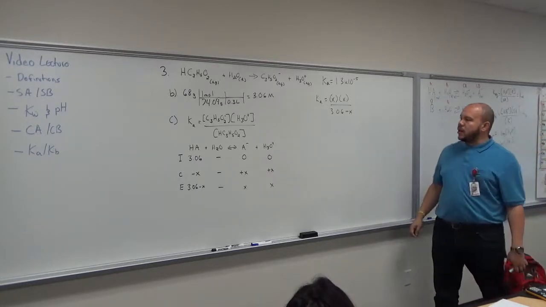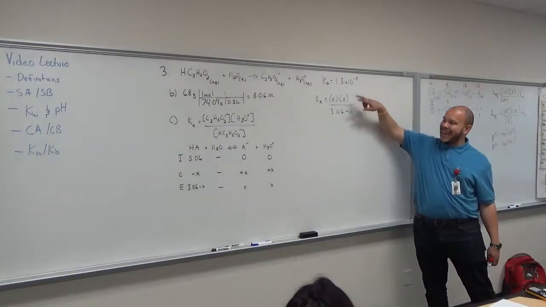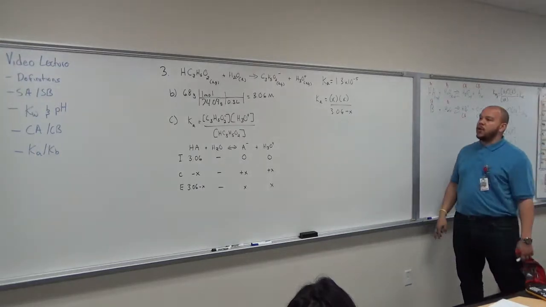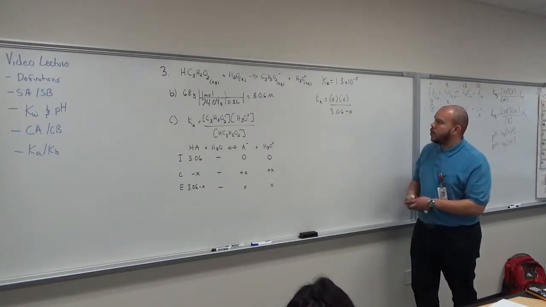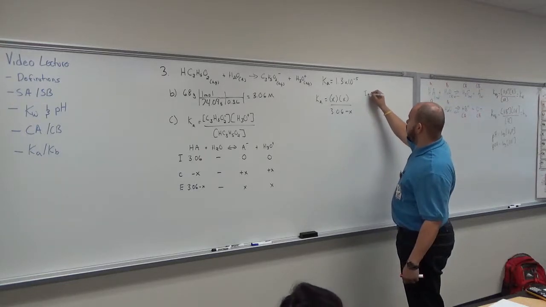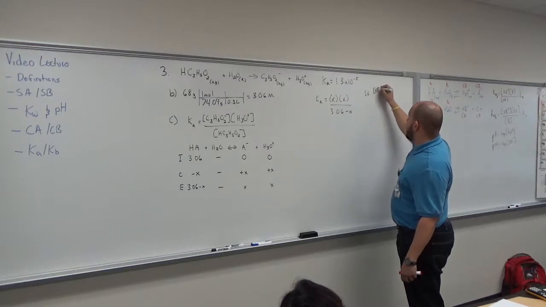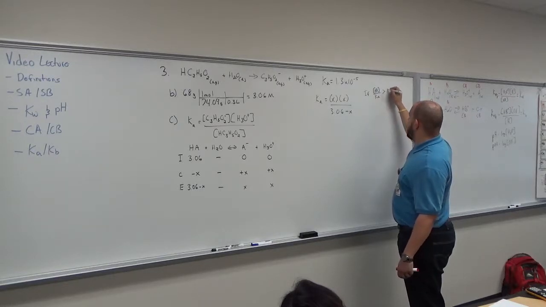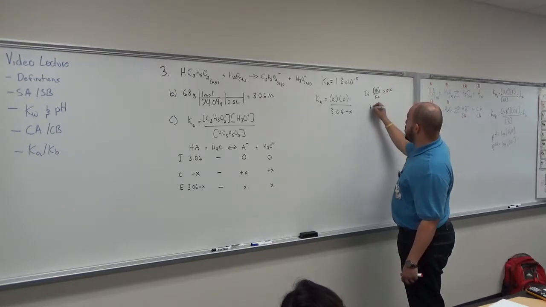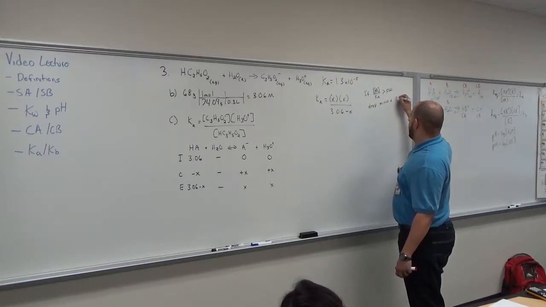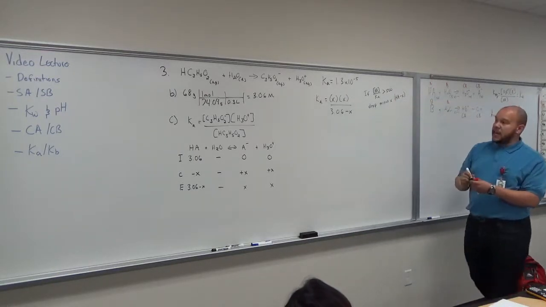But if we compare Ka to our starting concentration, we can determine whether or not we can drop X. The definition says that if the concentration of HA over Ka is greater than 500, then you can drop the minus X in HA minus X. You can drop the X, meaning you can get rid of it.